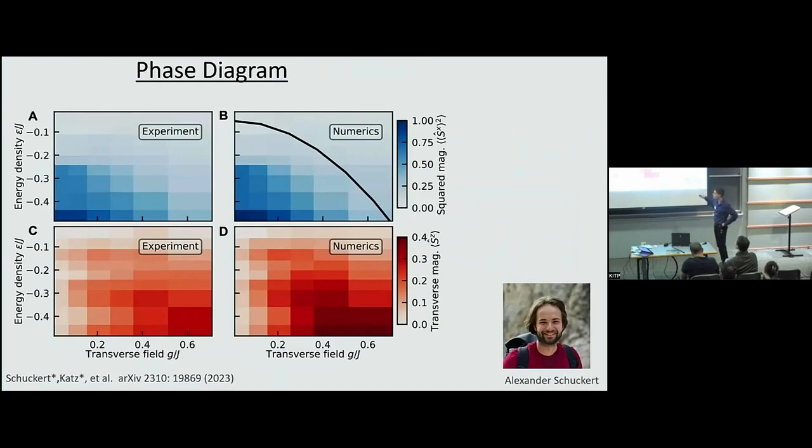The bottom axis is the transverse field. The vertical axis is the energy. As we increase the energy, the ferromagnet melts, and as we increase the transverse field, we can see the order parameter of the paramagnet build up. So that gives an opportunity to probe these, and Alex has a poster exactly on this project, so I encourage you to go and visit him.